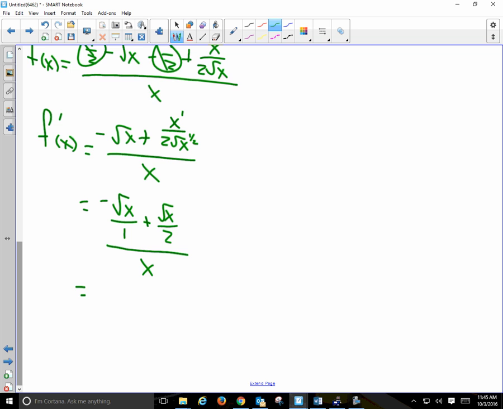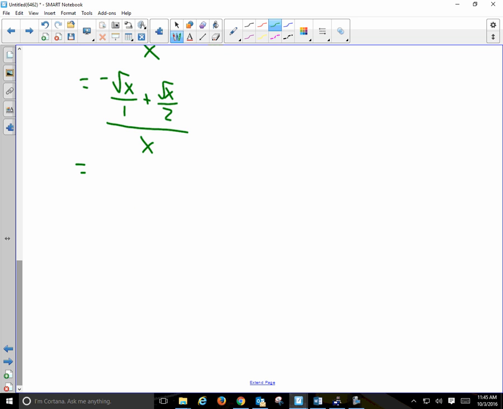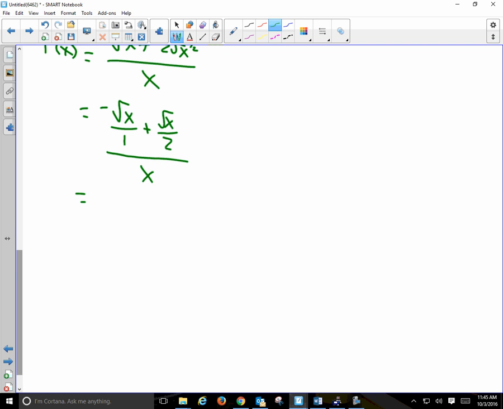How do I do that? Negative 2 roots of x plus the root of x, negative root of x over 2, over x over 1.